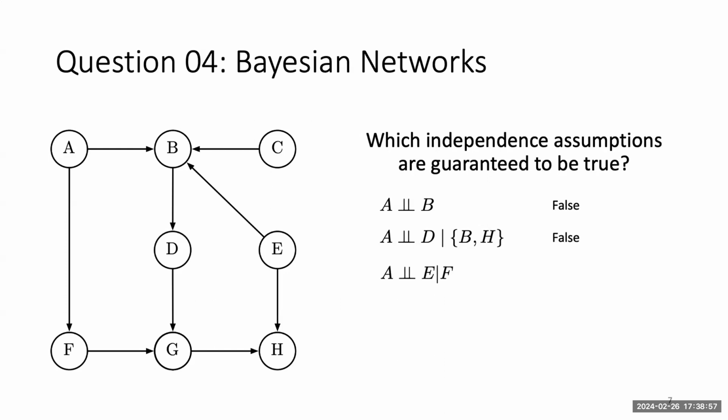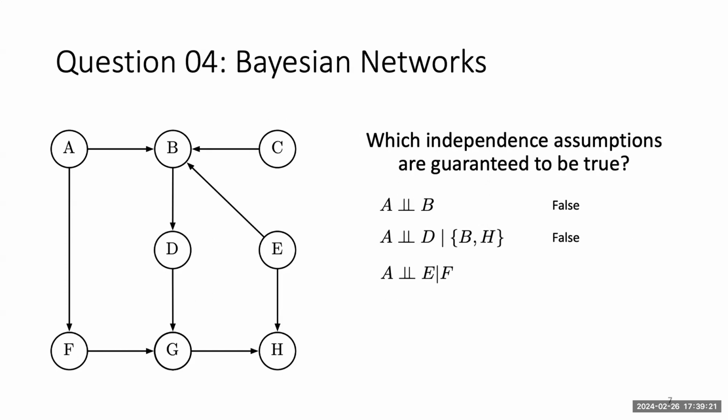If this is false, there has to be an active path between them. Does everyone see why? If you condition on B, you block the path to here, so there's no path. But what about conditioning on H?